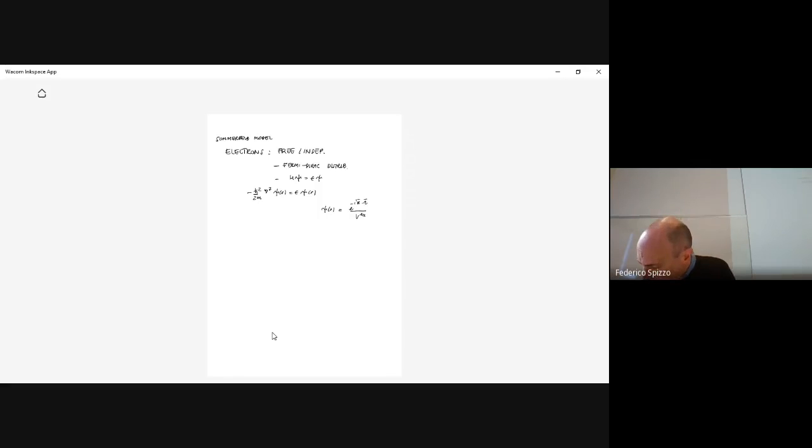Just to make an example, if you call phi of r the wave function of this localized electron, then this localized electron may be a combination of plane waves with coefficients G, where G is the weight of each wave vector in this combination.